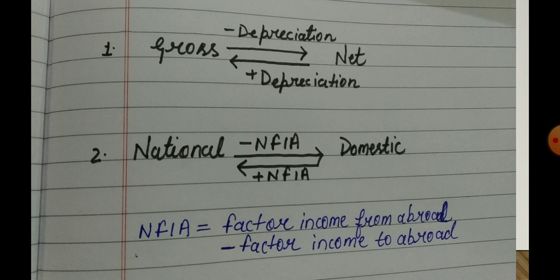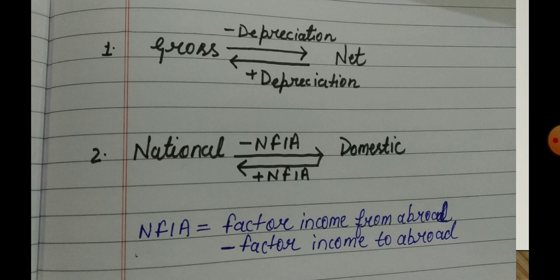If net is given and you are going to calculate gross, it means you have to add depreciation. Second, if national is given and you are going to calculate domestic, then you have to subtract NFIA. If domestic is given and you are going to calculate national, then you have to add NFIA.